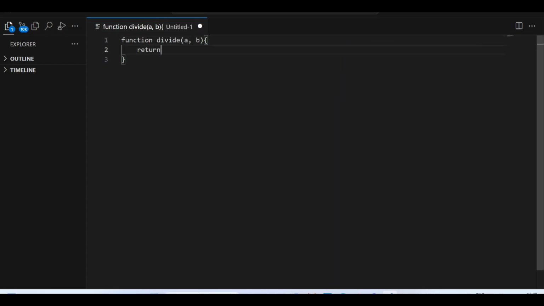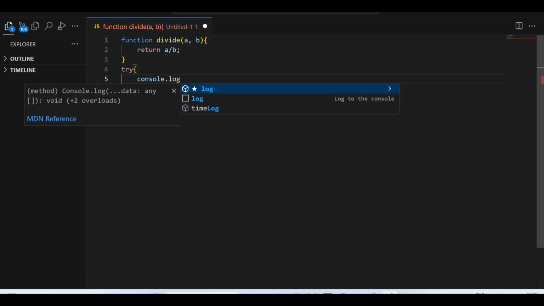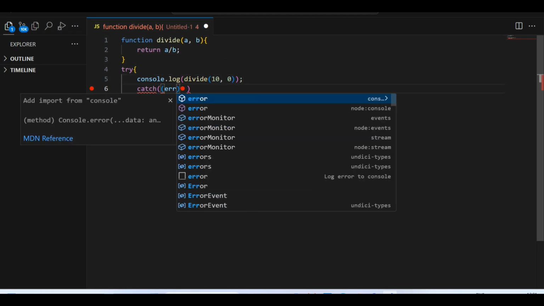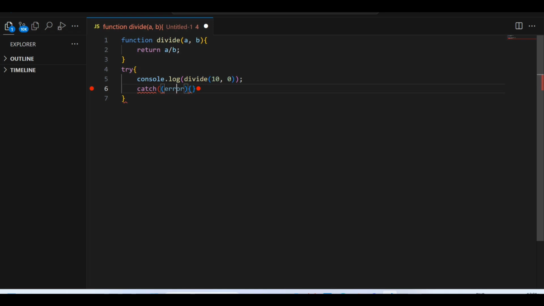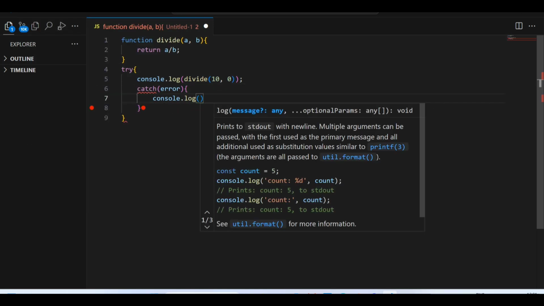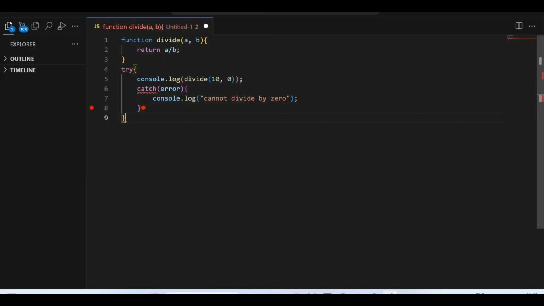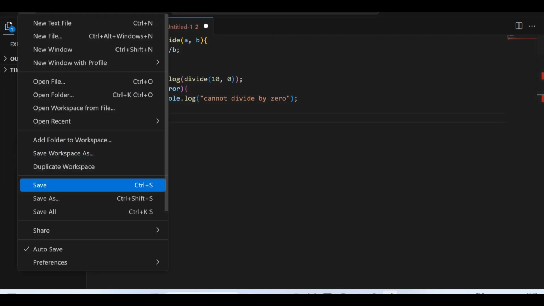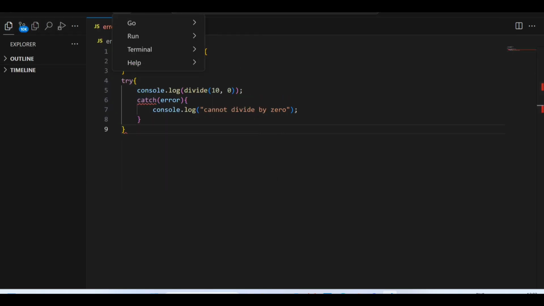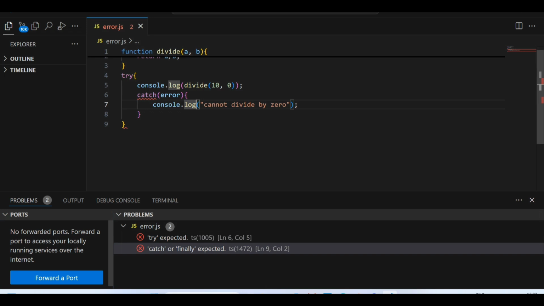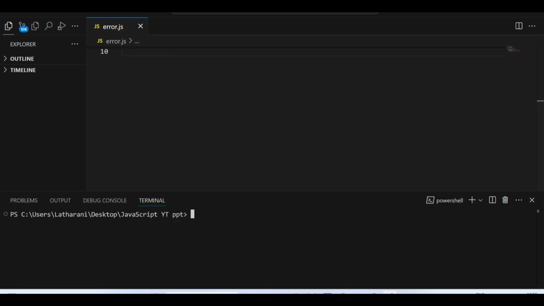In the try block, it needs to print console.log divide 10 by 0. Next, a catch block, catch error. It catches the error. So here I need to print console.log cannot divide by 0. It prints Infinity. This is all about error handling in JavaScript.